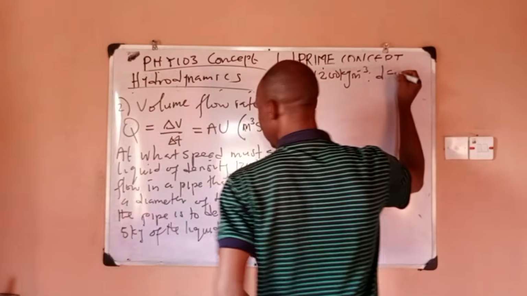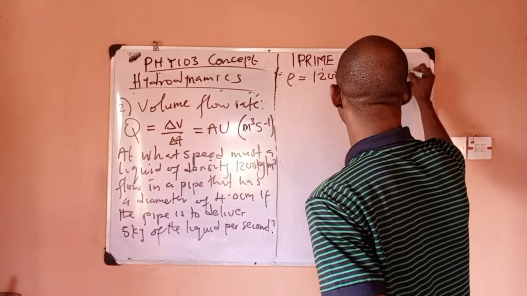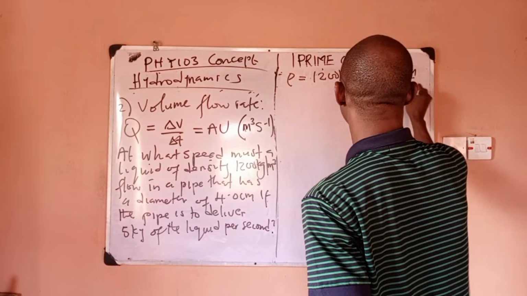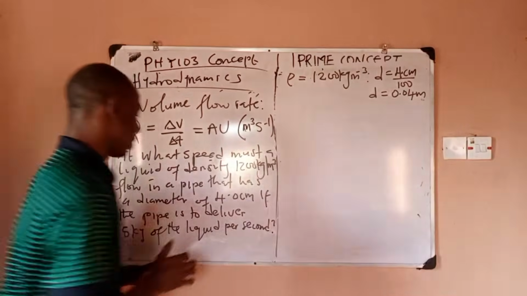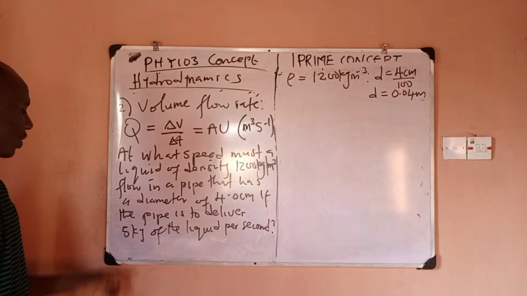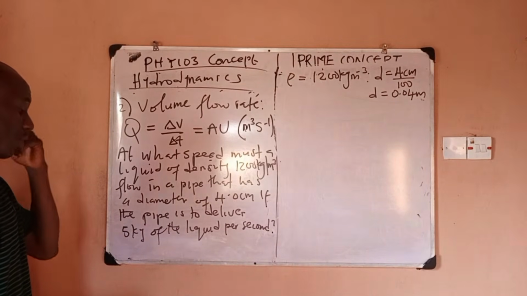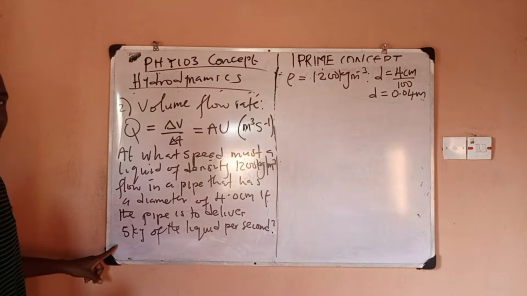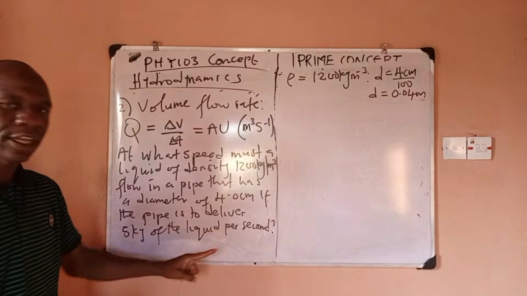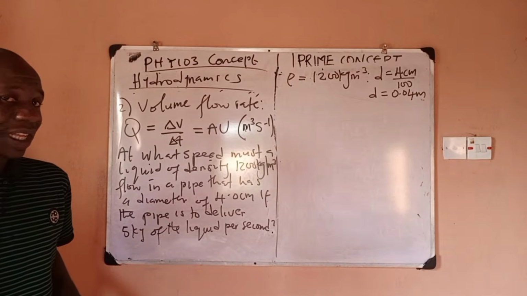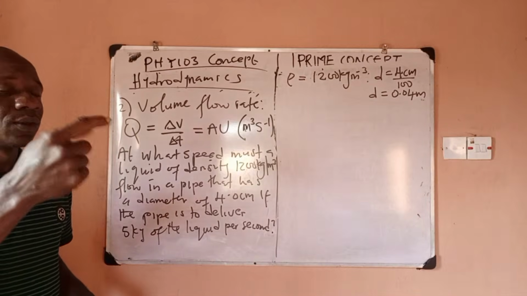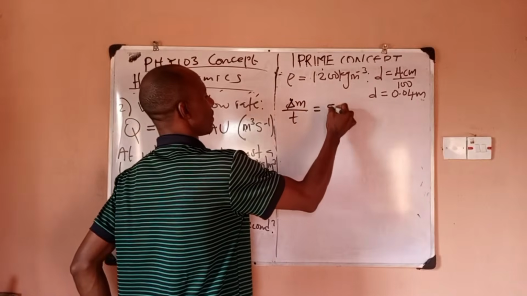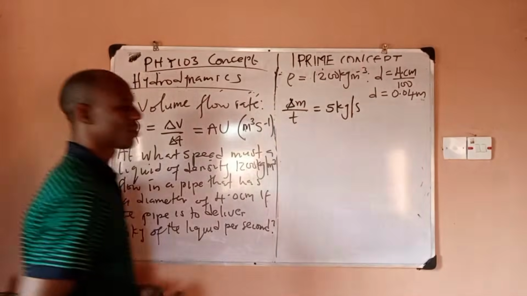The diameter is 4 cm, which we are going to divide by 100 to get 0.04 meter. The pipe is to deliver 5 kilogram per second, which is mass flow rate. So the mass flow rate is 5 kilogram per second.